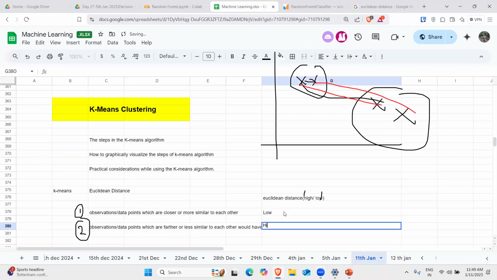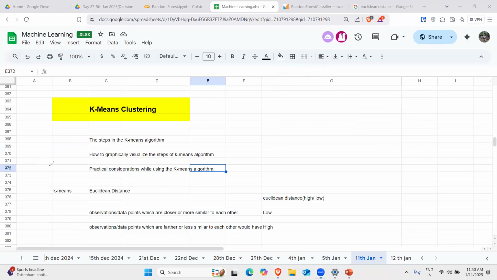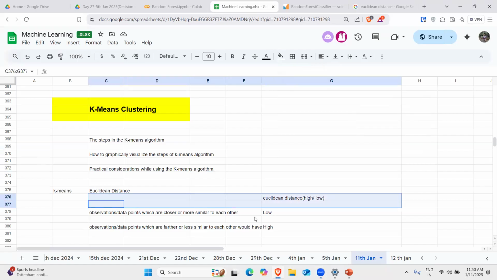Simple. So this is the intuition for your K-means, right? If you have understood this concept, it means that you have understood K-means.